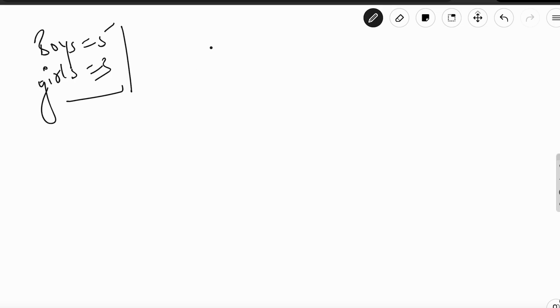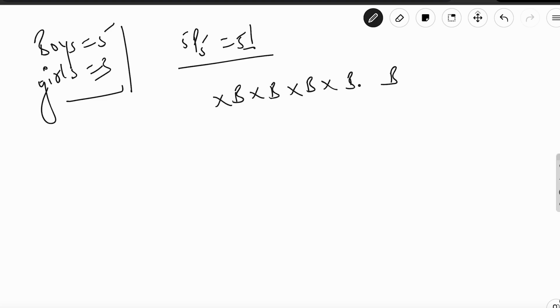Let's say we seat the 5 boys first. 5 boys can be seated in 5P5, that is 5 factorial ways. So I have boy, boy, boy, boy and boy. When we seat 5 boys, 6 places come up.